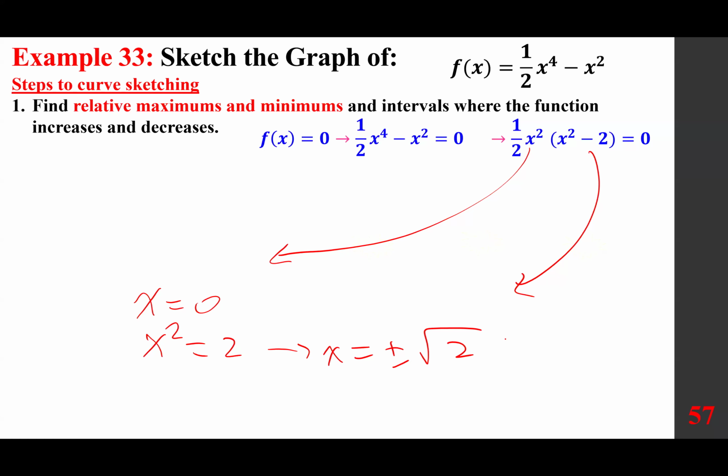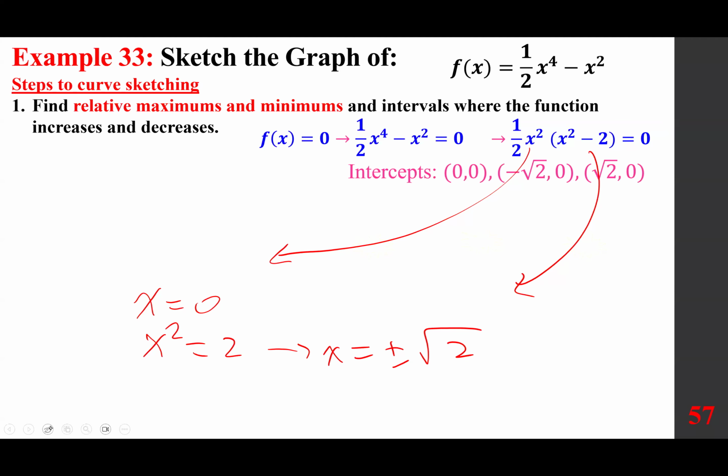So the intercepts, and it's a good idea to write them as pairs: 0, 0, negative square root of 2, 0, positive square root of 2, 0. So we have those intercepts.